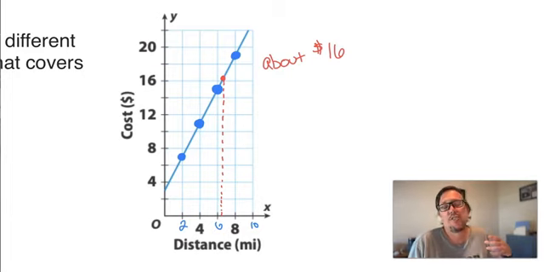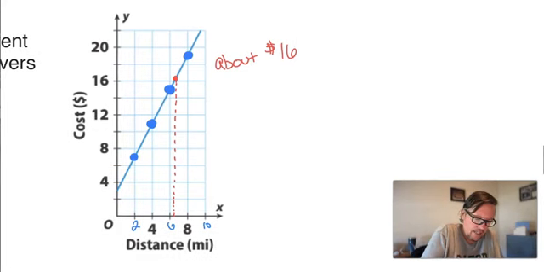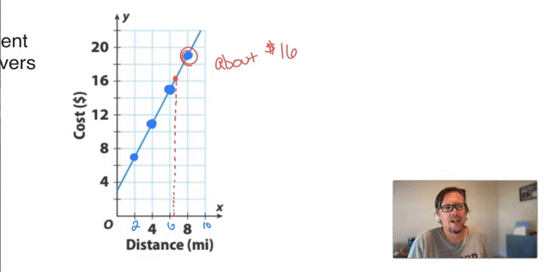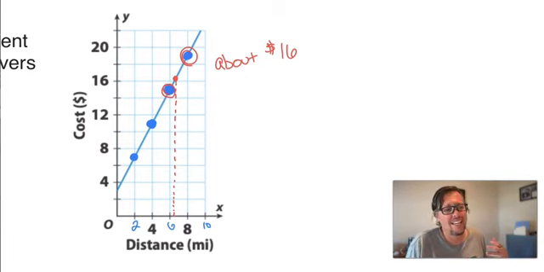Even if I get an answer that's $20, I know I've made a mistake somewhere because even an 8-mile ride is less than $20. So 6.5 should be less than 20. So I can get an even shorter range than saying it should be less than 100 or not negative by saying, well, a 6-mile ride is under $16 and an 8-mile ride is under $20.